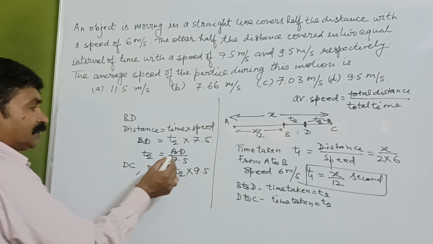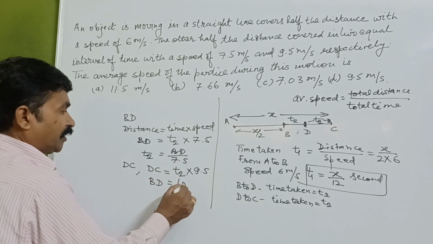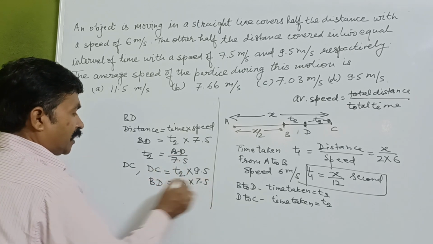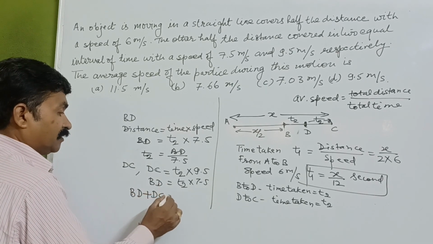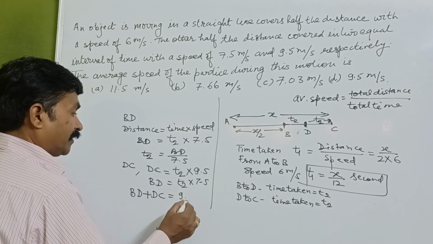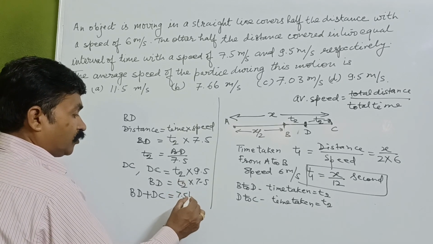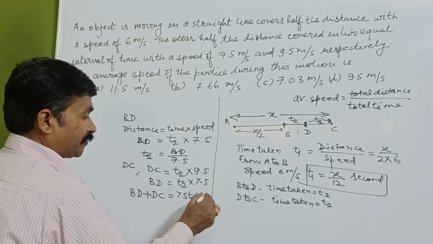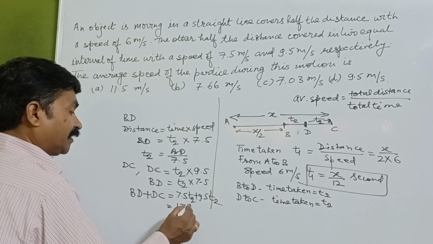Now we have BD, which is T2 into 7.5, and DC, which is T2 into 9.5. If we add these two, BD plus DC will be 7.5 T2 plus 9.5 T2, so ultimately we have 17 T2.